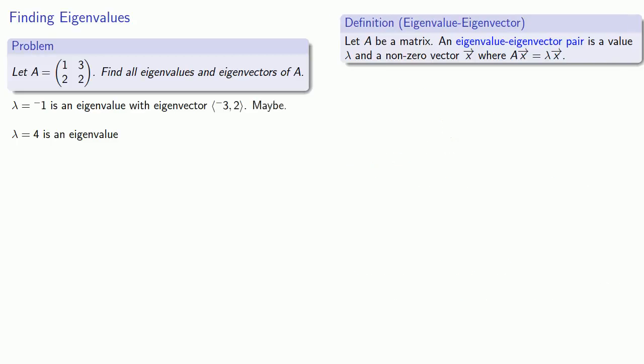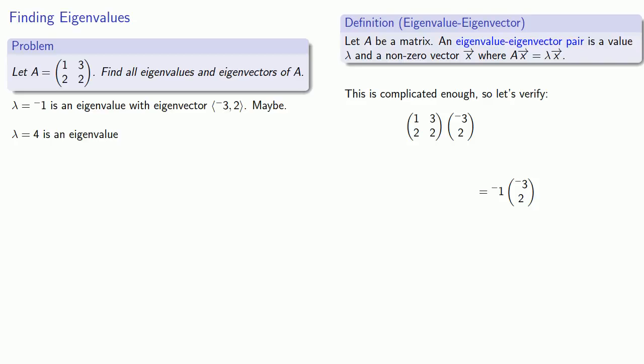This process is complicated enough and there's plenty of places to make mistakes, so let's actually verify that this works. So if we did everything correctly, then applying the linear transformation A to the vector negative 3, 2 should give us a scalar multiple of our original vector. In fact, it should be negative 1 times our original vector because that's the eigenvalue.